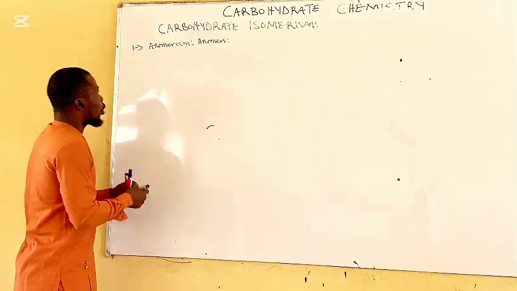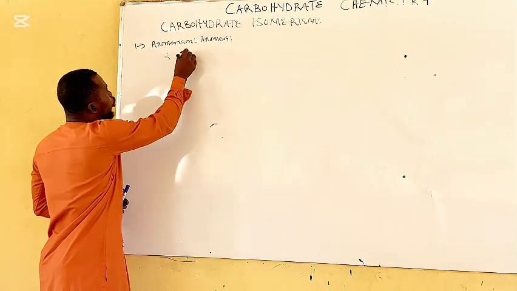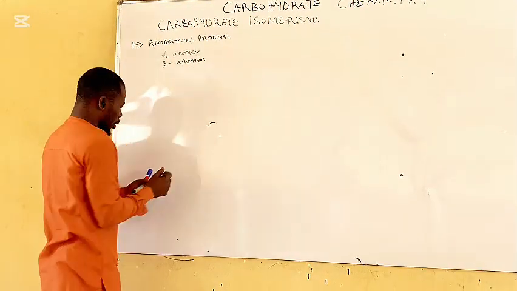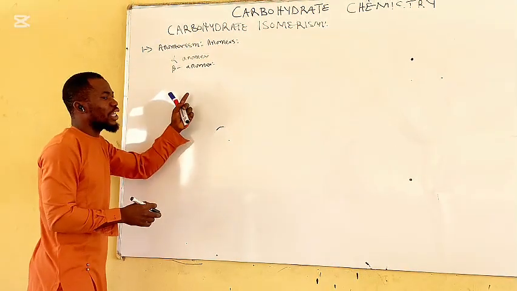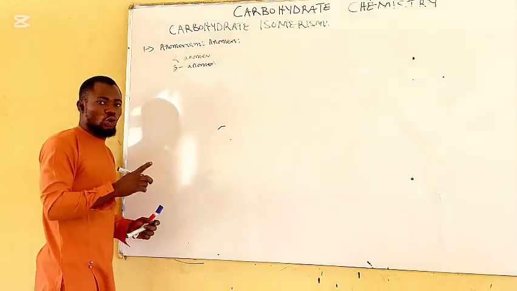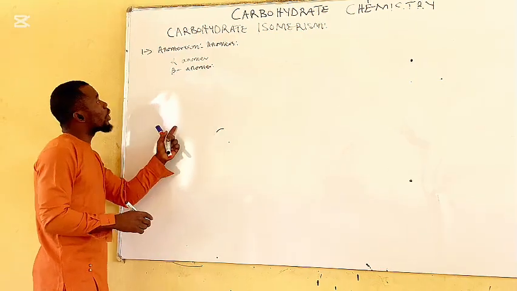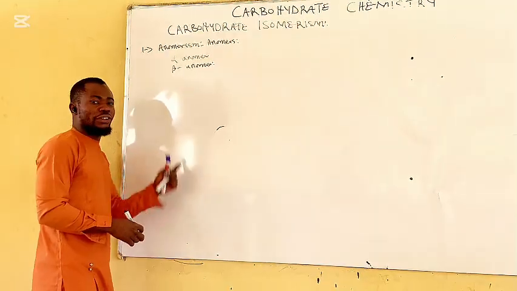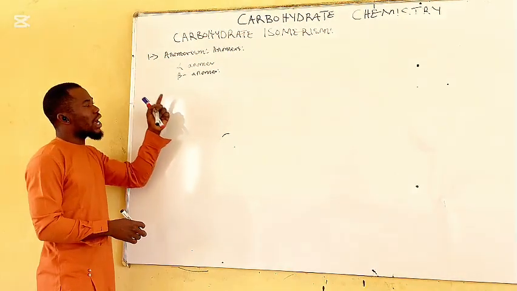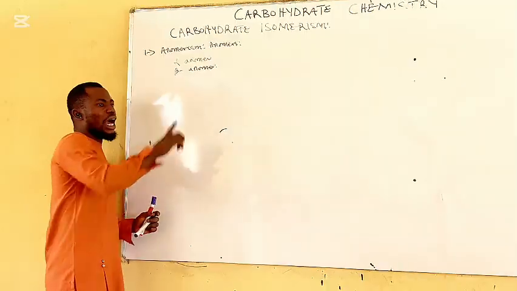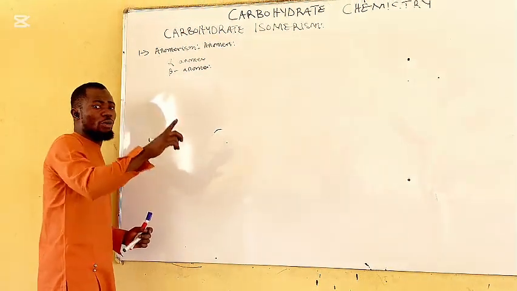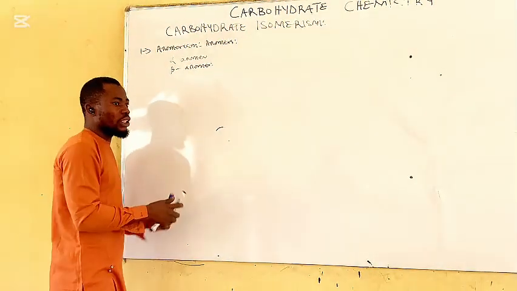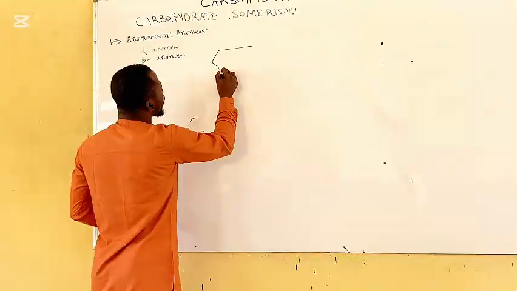Under the anomers, we have alpha anomer and beta anomer. If the OH is on the same side as the CH2OH group, that will be beta anomer. But if the OH is on the opposite side of the CH2OH group, that is alpha anomer. Another thing is that in the alpha anomers, the OH is downward, while in the beta anomers, the OH is upward. Let's take glucose as an example.